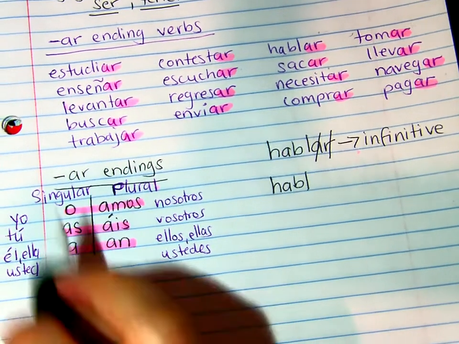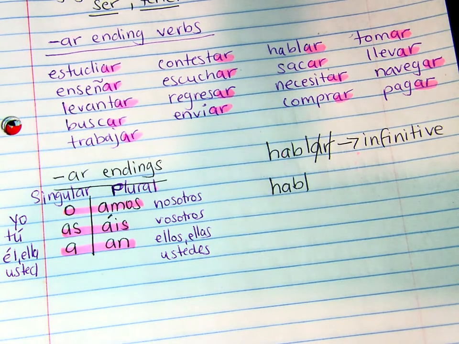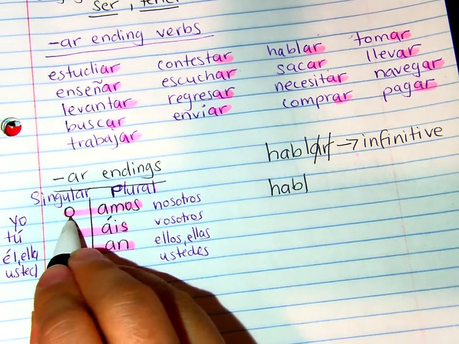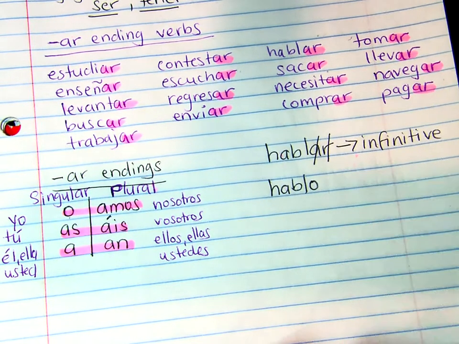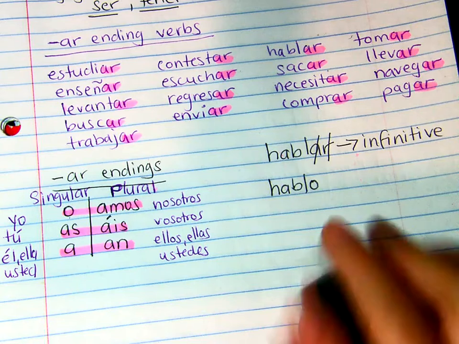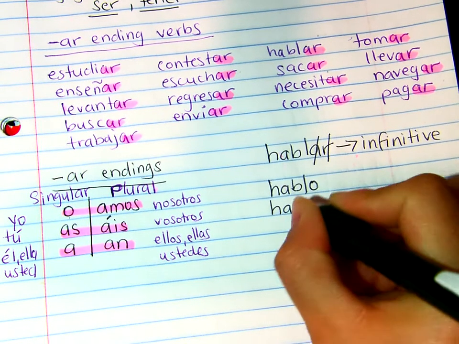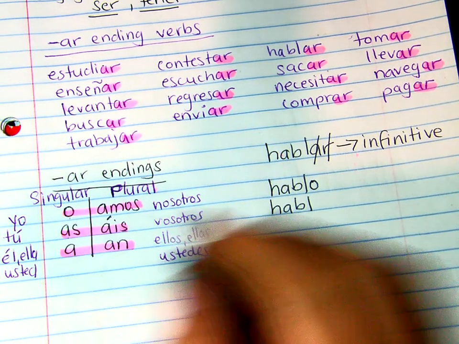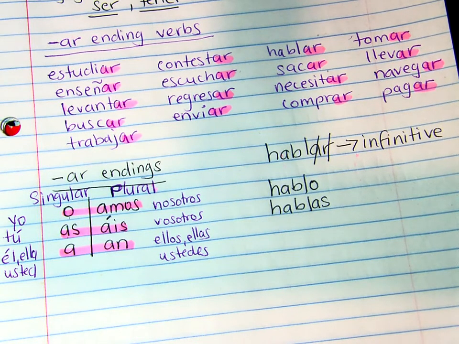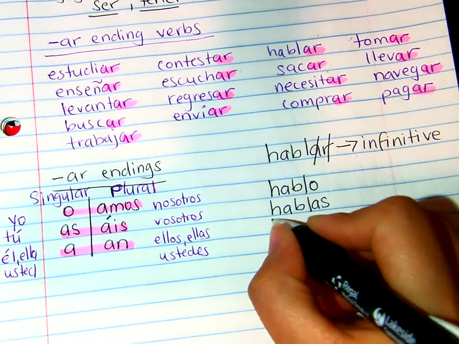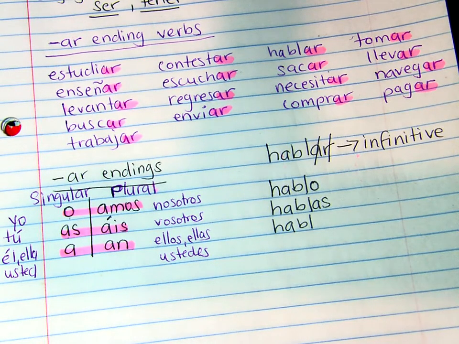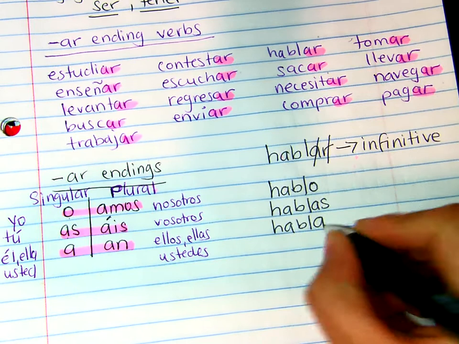And to say that I, myself, first person, is talking, I'm going to add this o. Yo hablo. To say that you, singular, are talking, I'm going to add as: hablas. To say that she's talking, I'm left with only this, right? I'm going to add just the a: habla, she's talking.